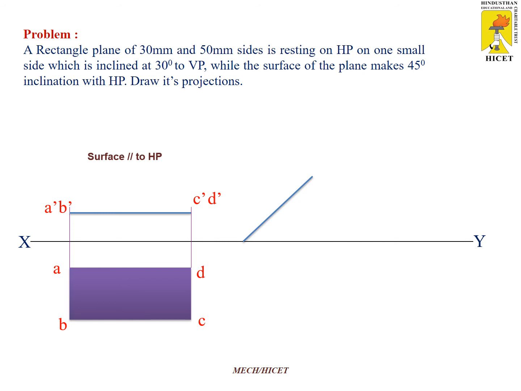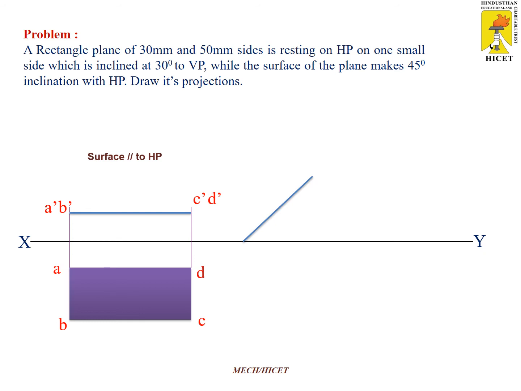After drawing this, in the question they have given that the smaller side is inclined at 30 degrees to VP, and the surface of the plane makes 45 degrees inclination with HP.